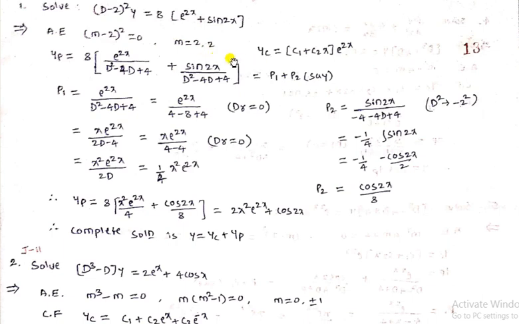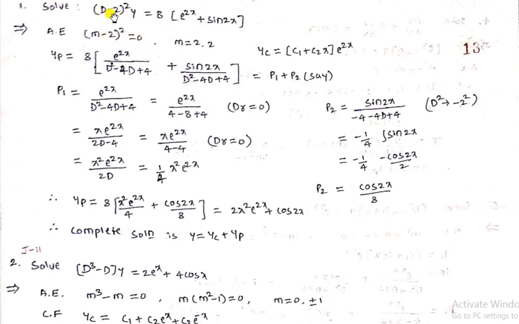So its complementary function becomes yc equal to c1 plus c2x, e to the power 2x. Now yp, or the particular integral, becomes 8 into bracket e to the power 2x divided by the expansion of D minus 2 whole square, plus sin 2x divided by D minus 2 whole square.